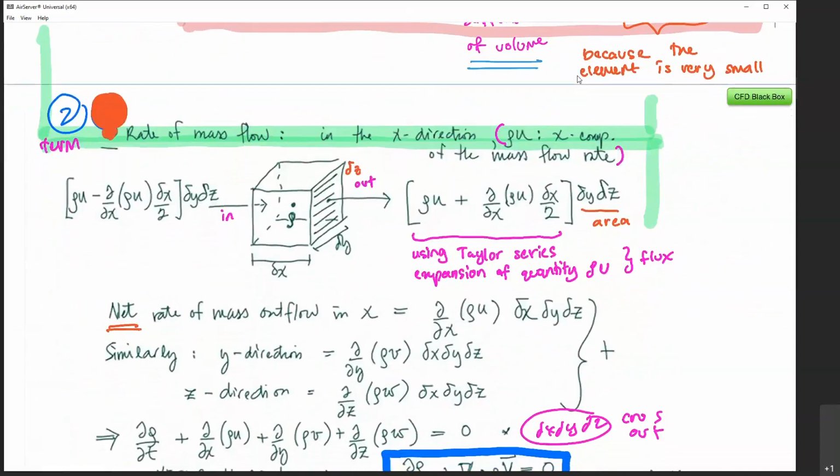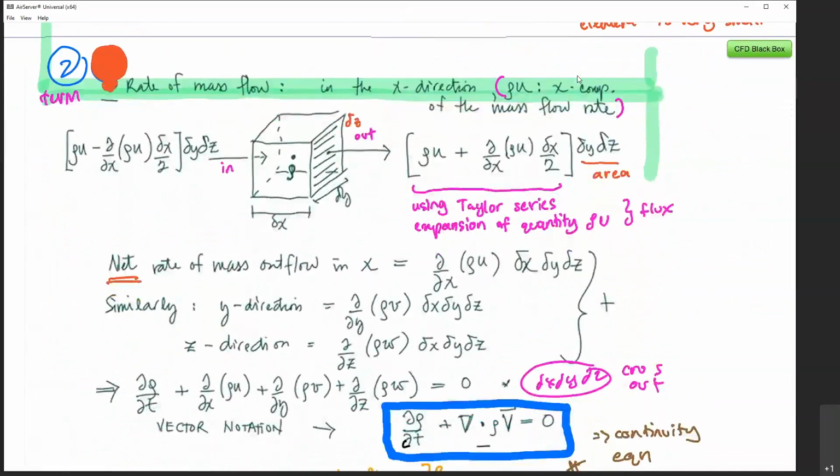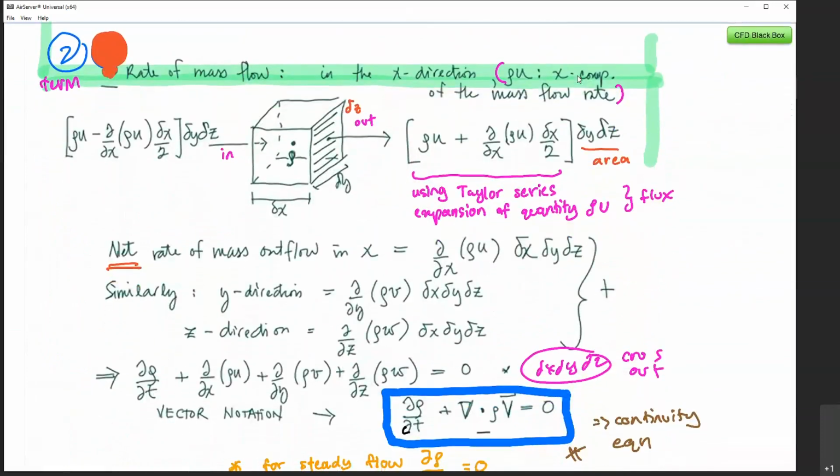And for the second term, we are dealing with the rate of mass, and now we are just going to focus on the x direction component. Imagine that we have the element given here. This is our element, this cube over here.